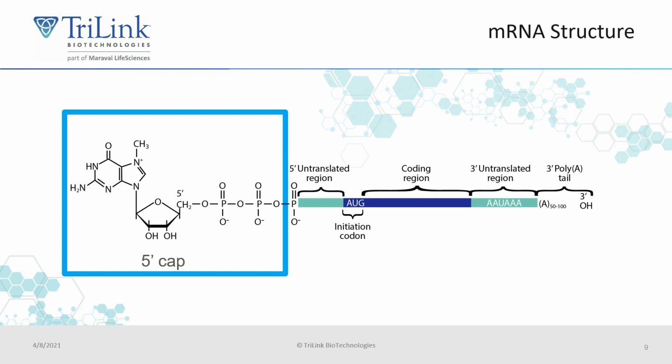Next to that, you have the 5' untranslated region, or UTR for short. In the middle, in the darker blue, you have the coding region, also commonly referred to as the open reading frame, or ORF for short. Then next to that, we have the 3' untranslated region, and then finally at the end, we have the 3' poly A tail.